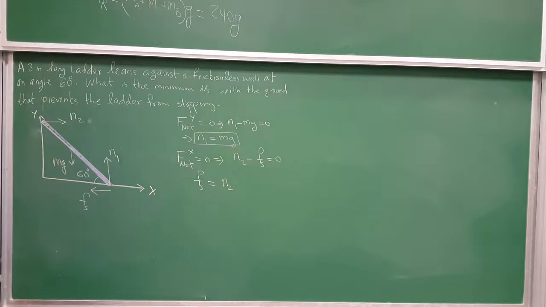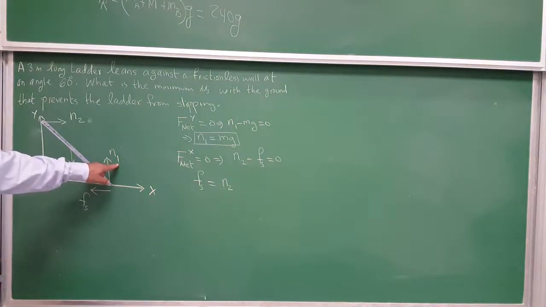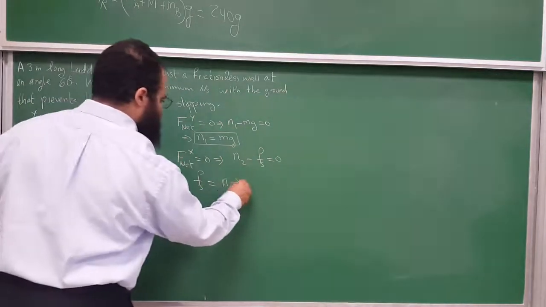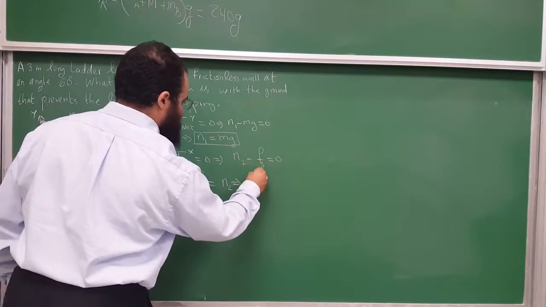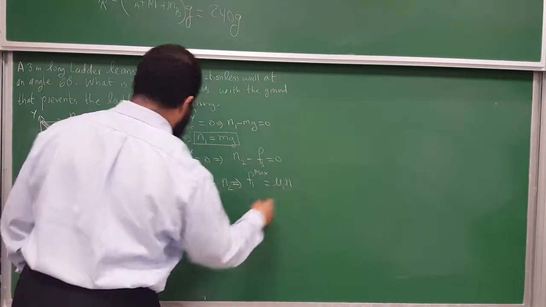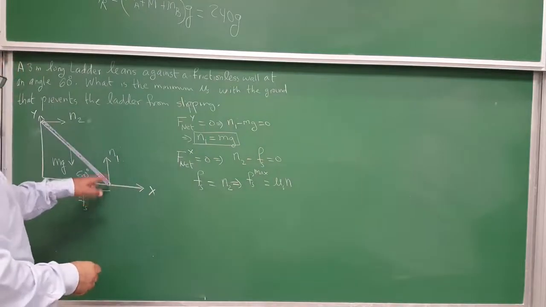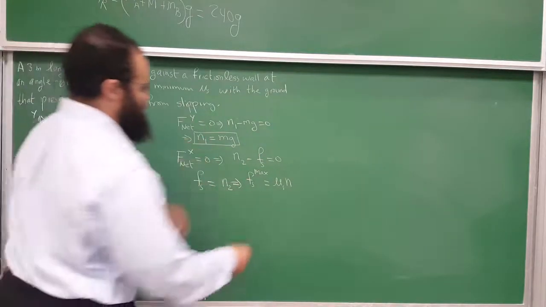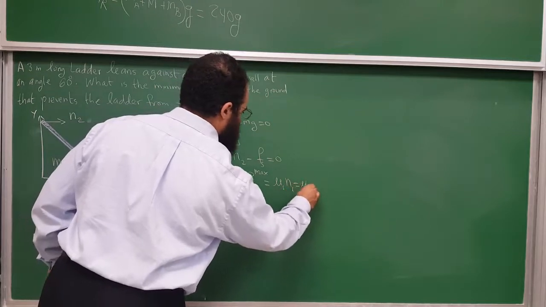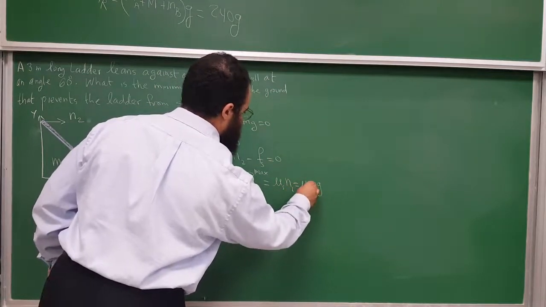And the force of static friction is related to the normal force: it's equal to mu s times the normal force. So the maximum force of static friction equals mu s times the normal force with the ground, which is N1, which is equal to mu s times m times g.